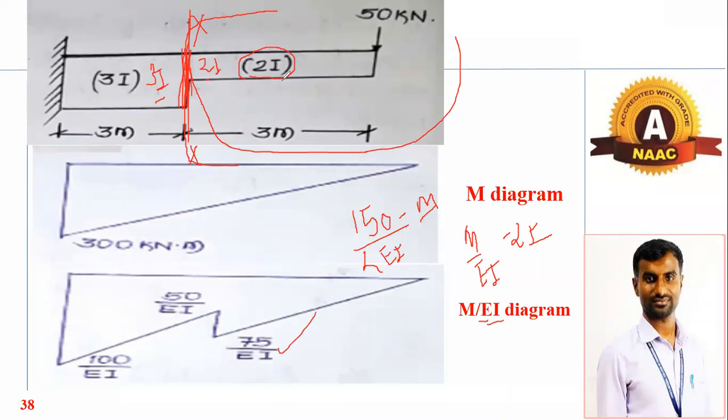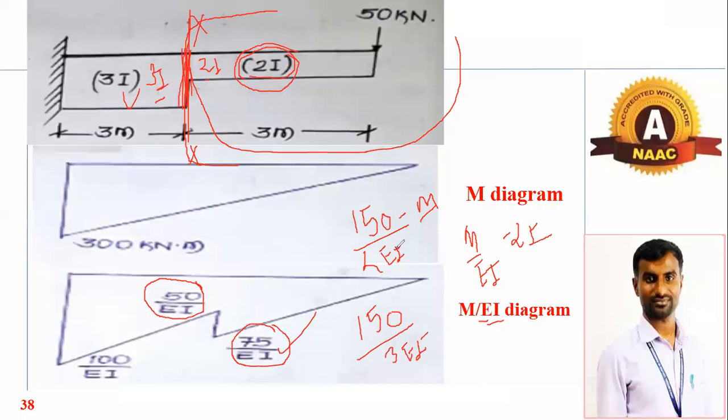So this is due to the twice of I cross section. Similarly, again, bending moment will be the same, 150 divided by, now the cross section is 3I, 3 EI. So that will be 150 by 3, 50 divided by EI. Clear? So this is the M by EI diagram.